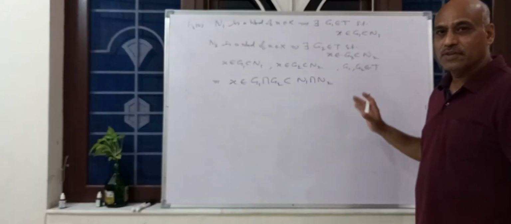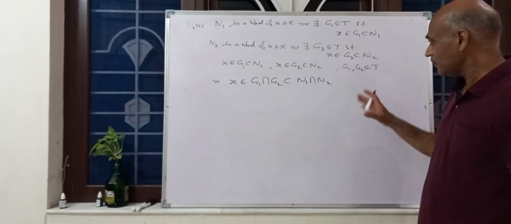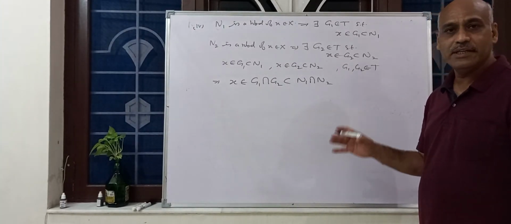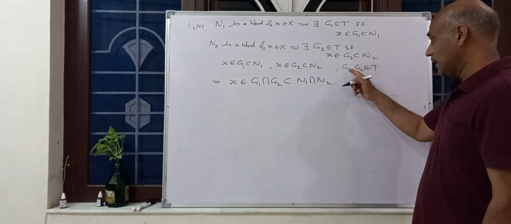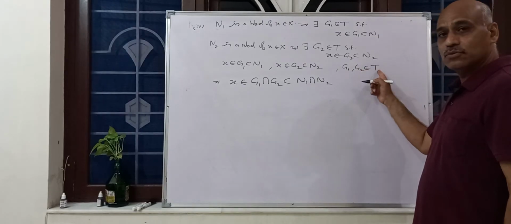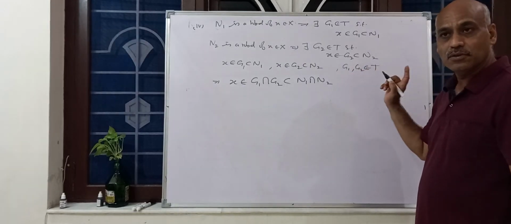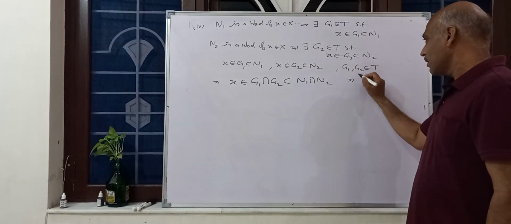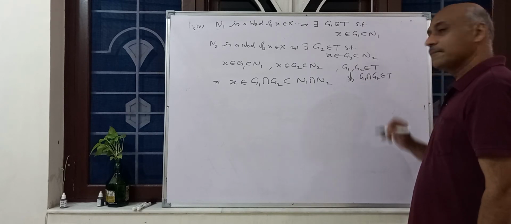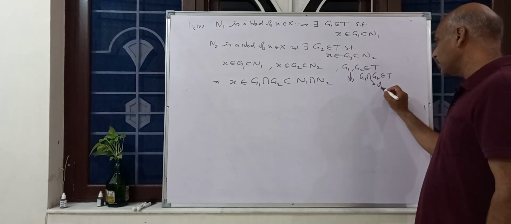T is a topology. So what is the definition? The second condition of topology is: A belongs to T, B belongs to T, then A intersection B belongs to T. It means G1 intersection G2 is an open set.